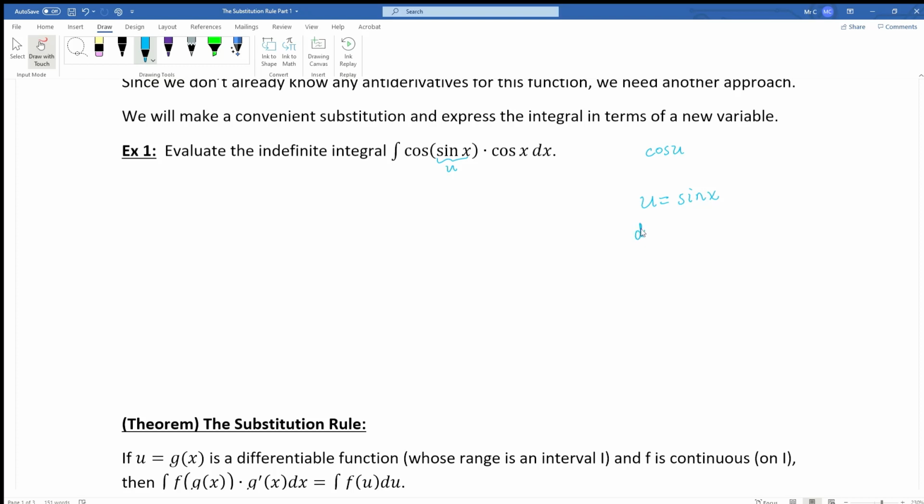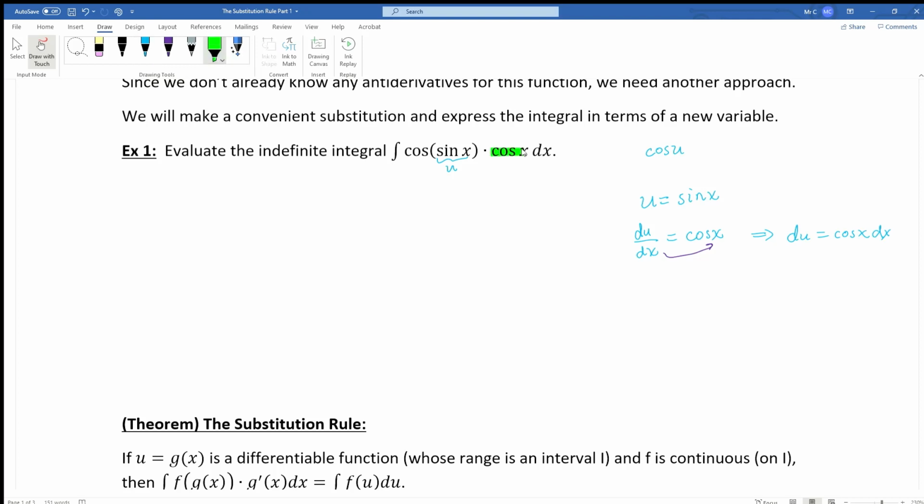Well, its derivative with respect to x is cosine of x. Now, if I take my dx and multiply it across, what do I get here? I get that du equals cosine of x dx.